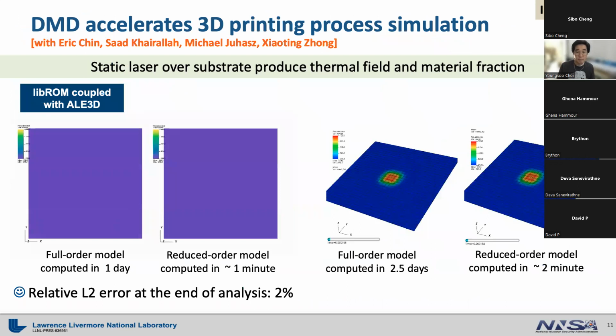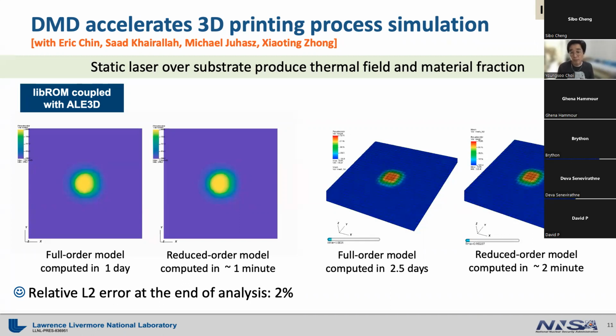All right. Another engineering problem that we have applied DMD to was the 3D printing process. Not long ago, 3D printing revolutionized the manufacturing sector. With 3D printing, you can make almost any object with any complex shape. In order to make a 3D printing process as precise as possible, it is important to be able to accurately simulate it.